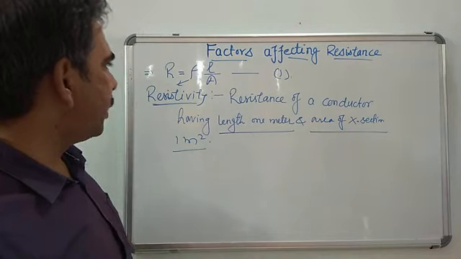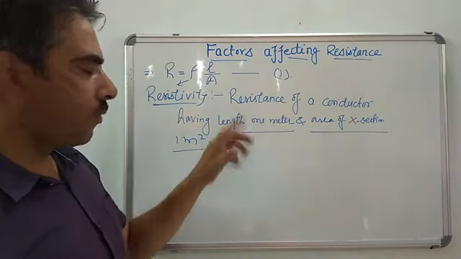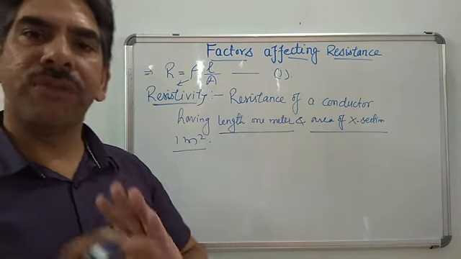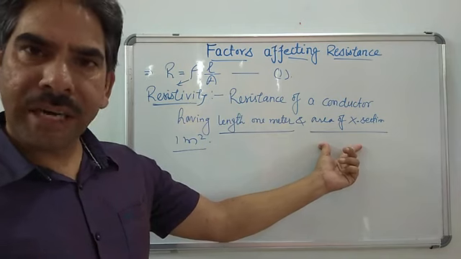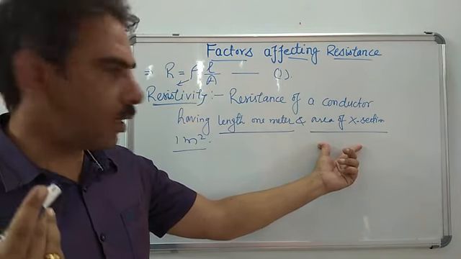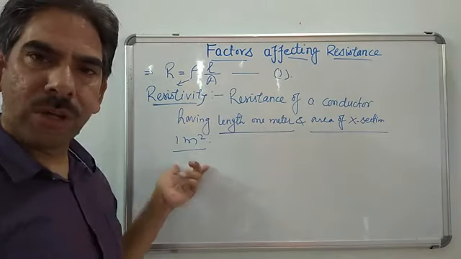So the resistivity of a substance is a defined or specified resistance, because the dimensions of the conductor are already given: length is 1 meter and area of cross section is 1 meter square.